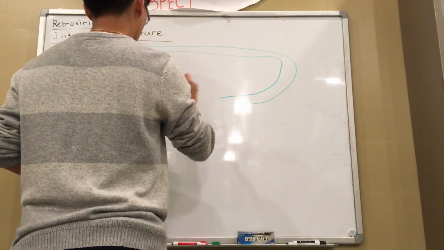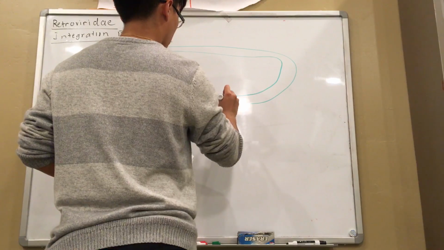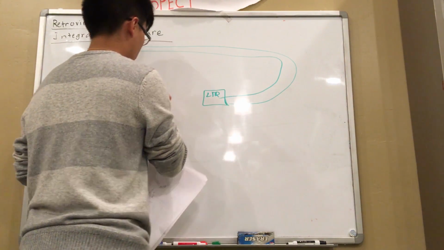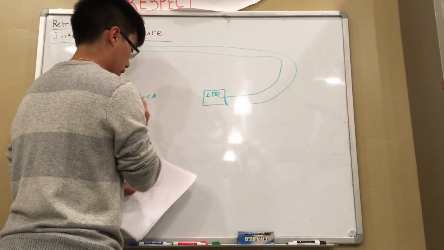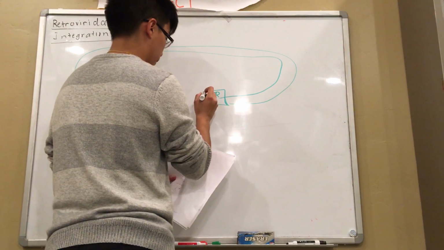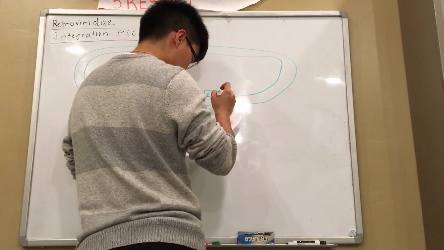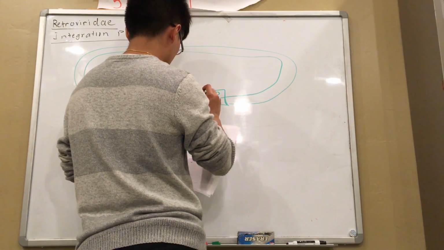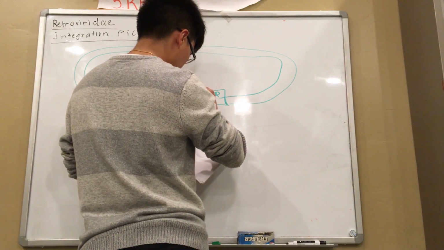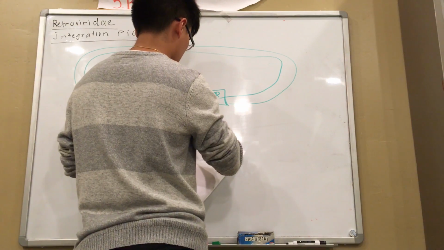Here's the viral genome. Remember, at the ends of the viral genome are the LTRs. And then you have these tiny sequences way at the end, even further than the LTRs.